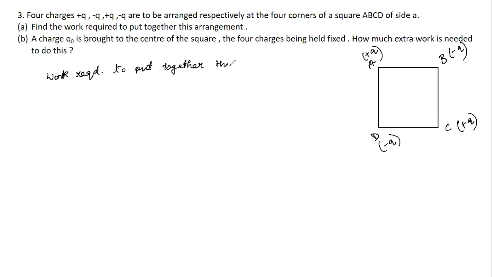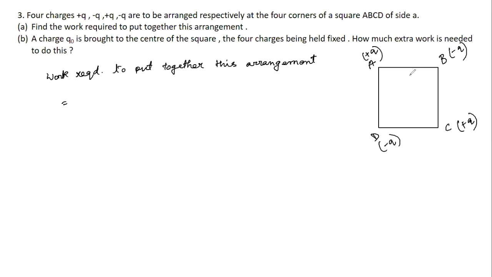If you remember, we had found out the expression of potential energy for different charge systems. We had done that for a two charge system, and we have done it for a three charge system. When you find out potential energy, we just see how many pairs of charges there are in your particular system.